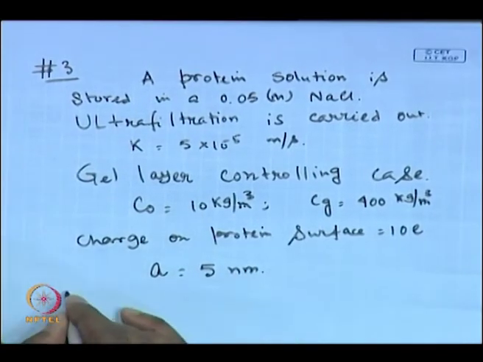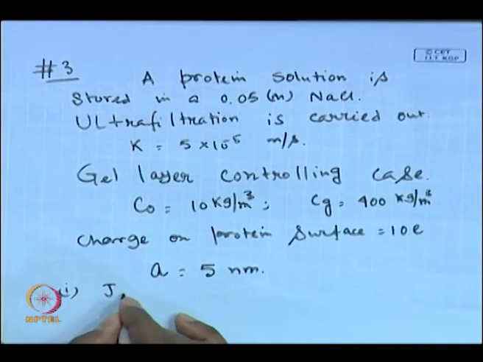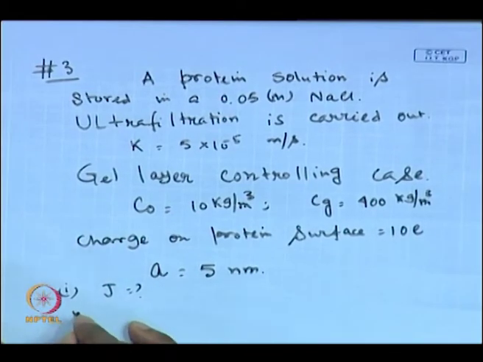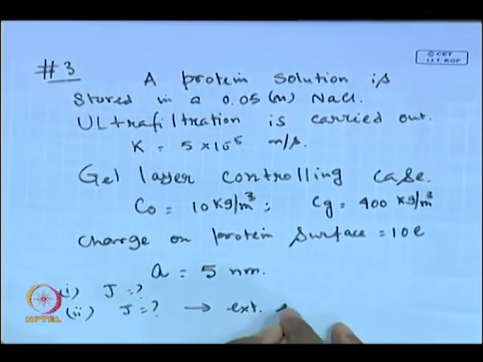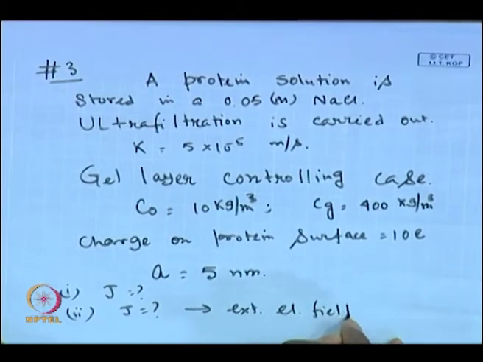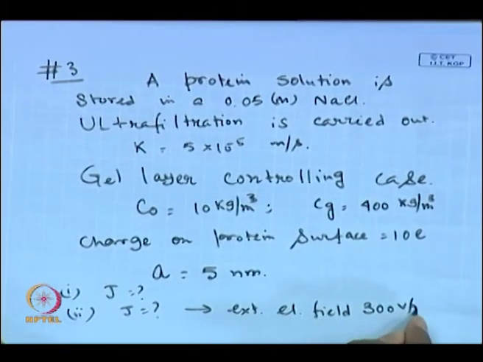Okay. Again, we have to find out the permeate flux, and the permeate flux under the external electric field, when the external electric field is 300 volt per meter.